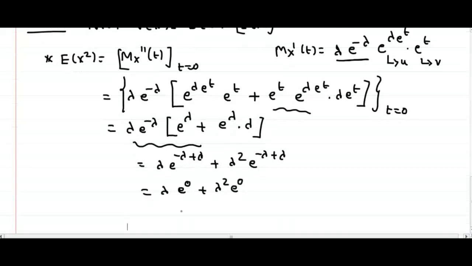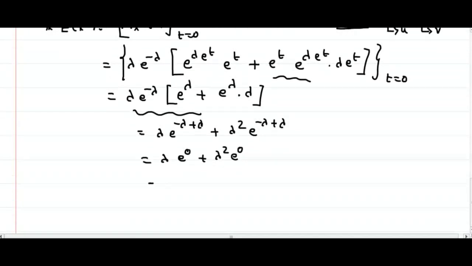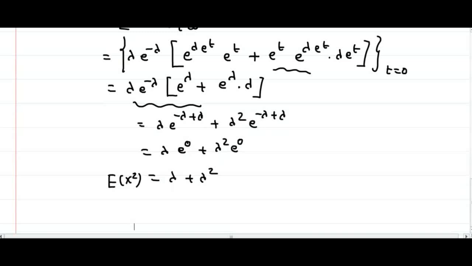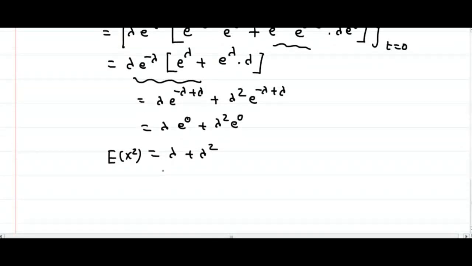We know e power 0 is 1, so you get lambda plus lambda square. This is nothing but E of X square. That means the expected value of a Poisson random variable X square equals lambda plus lambda square, right? So now substitute the E of X square value and E of X value in the variance formula.